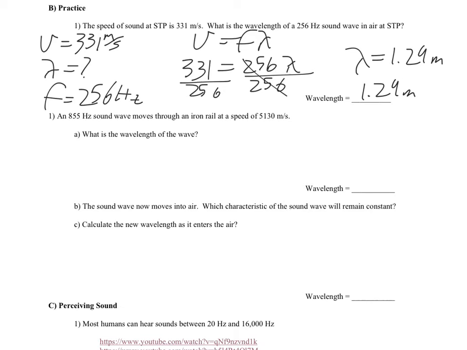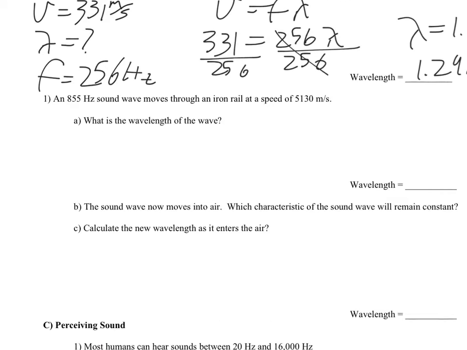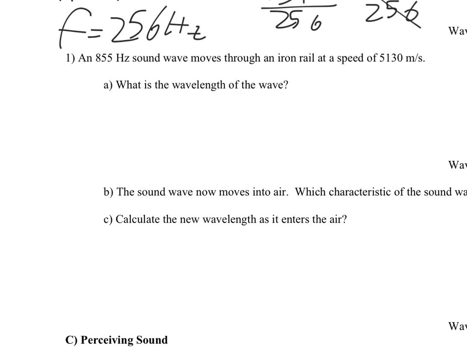The next one says an 855 hertz sound wave moves through an iron railing at a speed of 5,130 meters per second. What's the wavelength? So again, just writing down our givens. Frequency equals 855 hertz. We're looking for the wavelength. And the speed of sound here is not 331, that's only in air at STP.